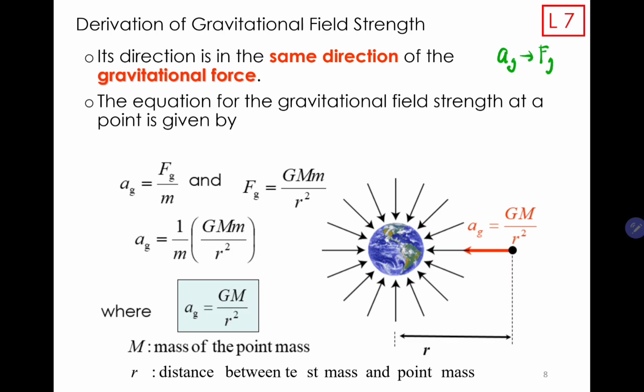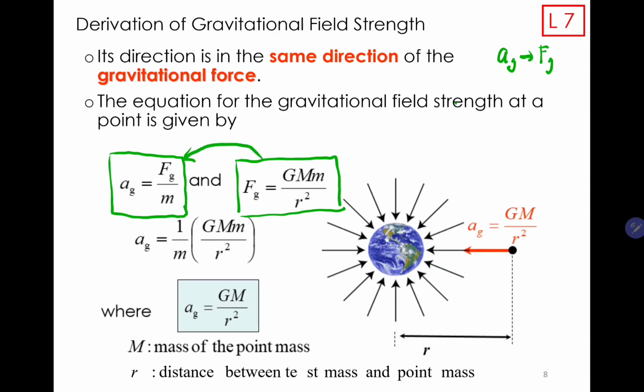The equation for the gravitational field strength at a point: let's start with the main equation of Ag, which is Fg over m. And as we know, the force Fg equals GMm over r squared. So we just substitute Fg into this equation, and then you will get this.